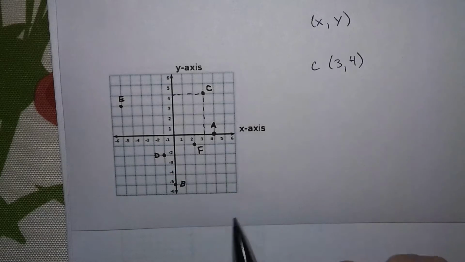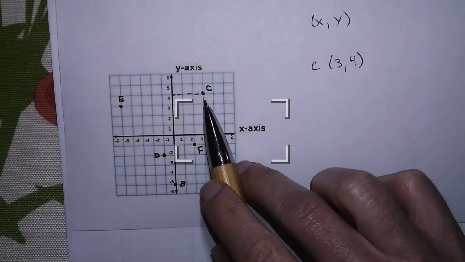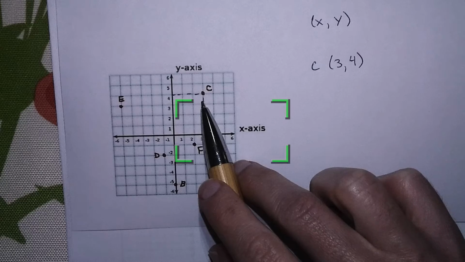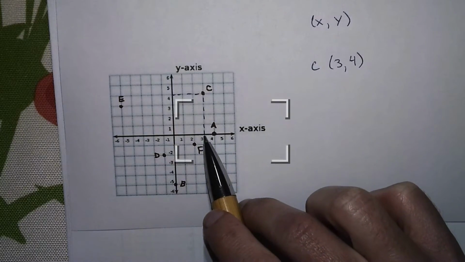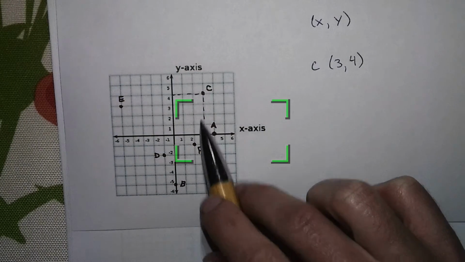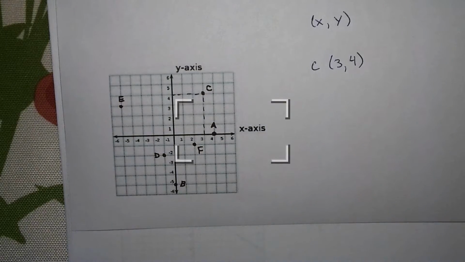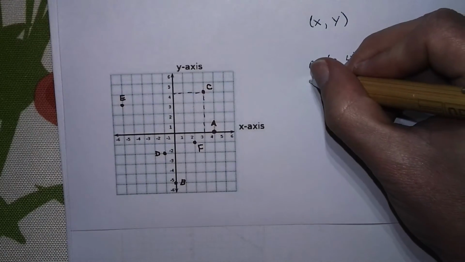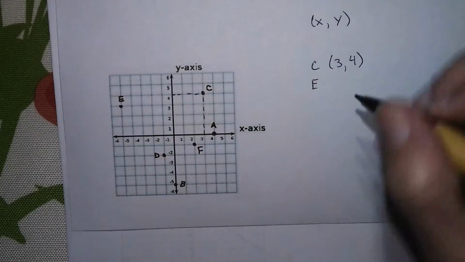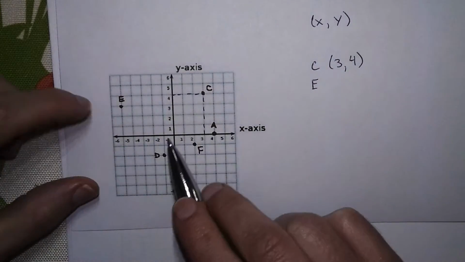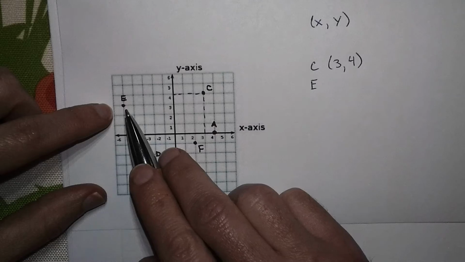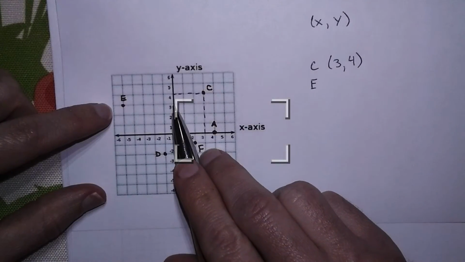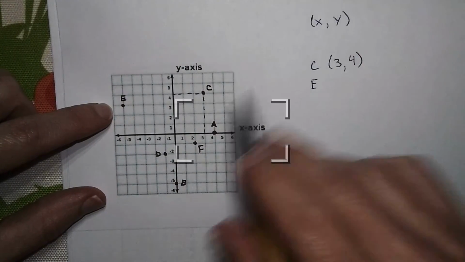So you can do that with each one of these, basically just saying quickly what is the x value and the y value. Where does it go across from it? Let me do a couple more of these real quick. Let's do E. Okay. Now, some of you might be tempted to come here first, but remember, it is always x then y.